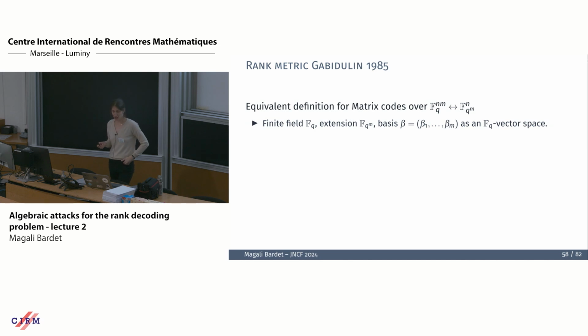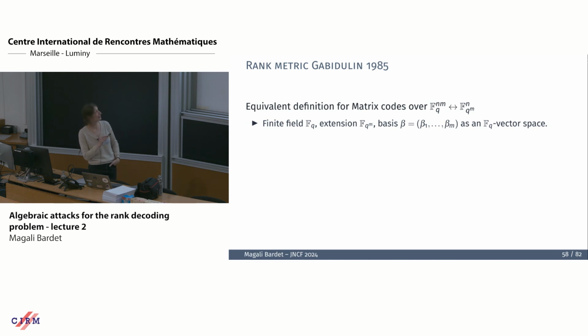And there is another way of defining this metric, by using the isomorphism between the vectors of length n times m over Fq and the vectors of length n over Fq^m, using the isomorphism between Fq^m, the vector space, and the finite field Fq^m. And how do you do that?